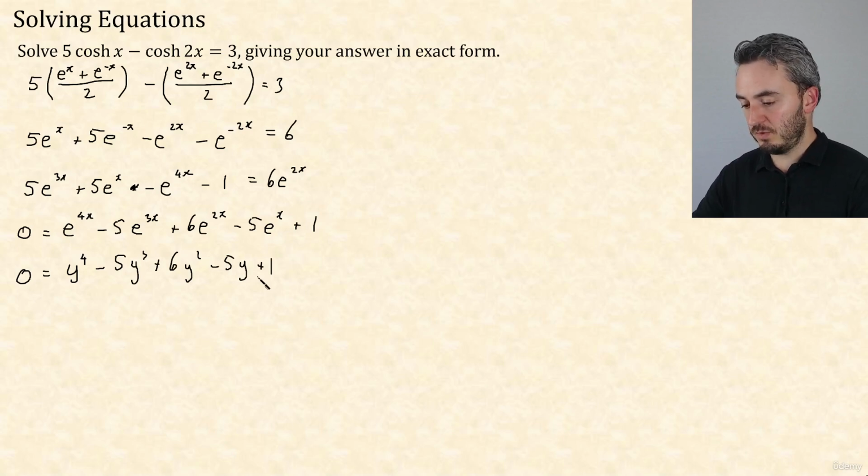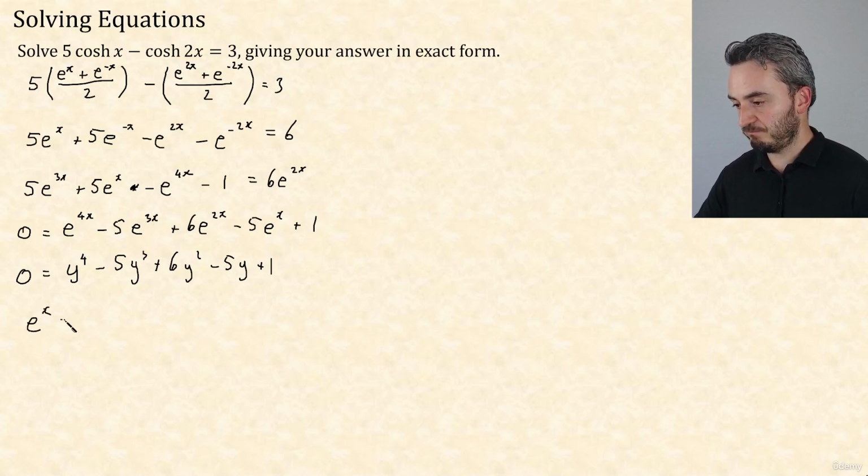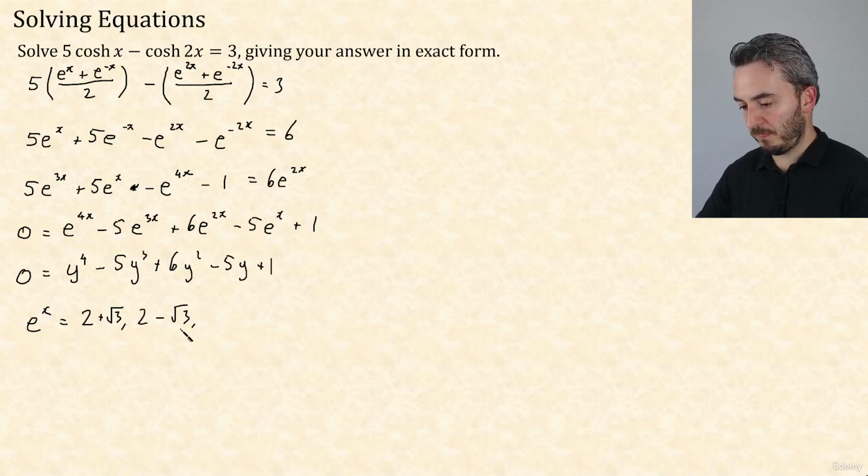Your calculator probably has a quartic solver. So if we go ahead and do this, which you are permitted to do, what do we end up with? We end up with y equals, and therefore e to the x, equals 2 plus root 3, 2 minus root 3. Do we get more? No, the other ones are complex.